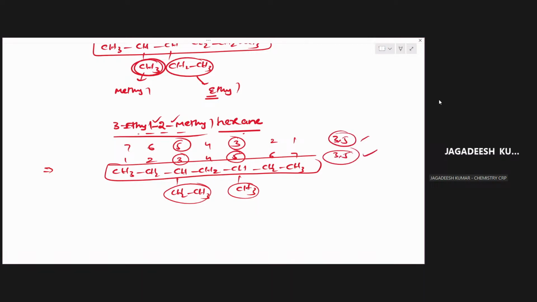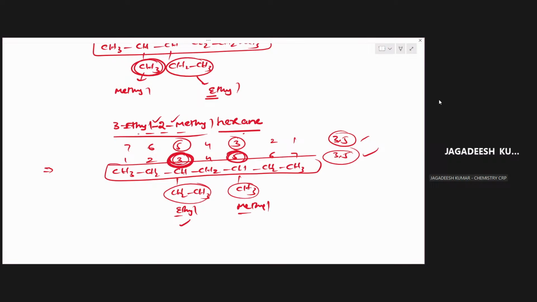Both are getting the same set. If both get the same set, how to select the correct numbering? Then you have to see the first letter of the side chains. This is ethyl and this is methyl. According to alphabetical order, ethyl is always first, so ethyl should get the least number. So 3 is the least number for ethyl, and 5 goes to methyl.